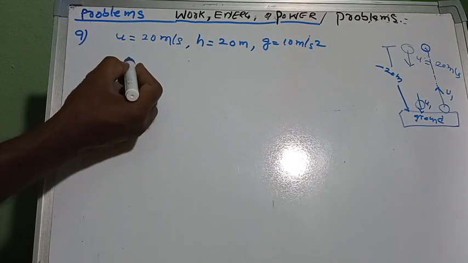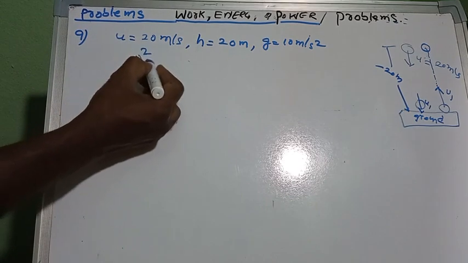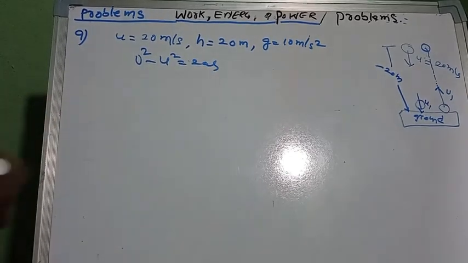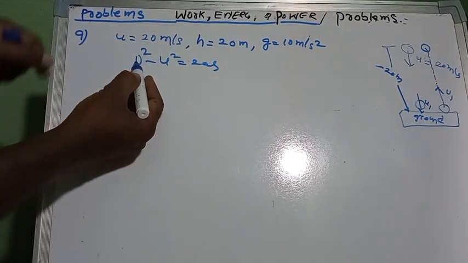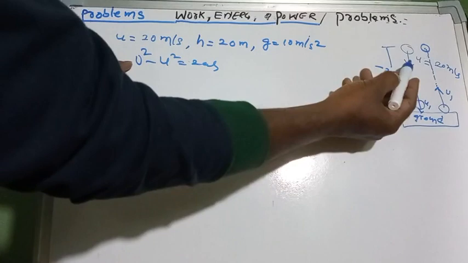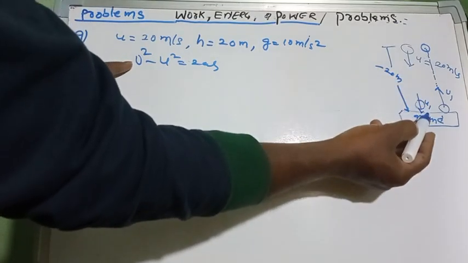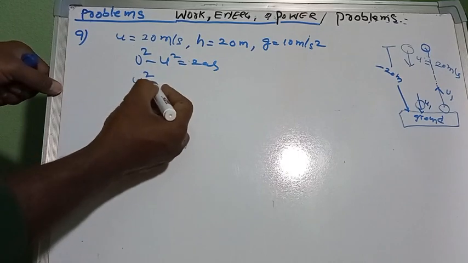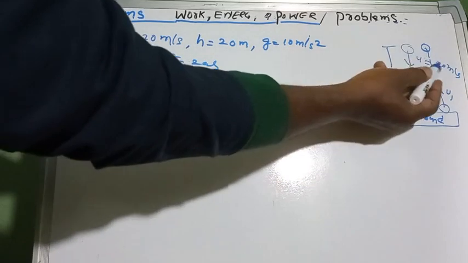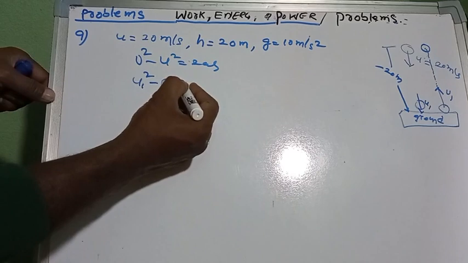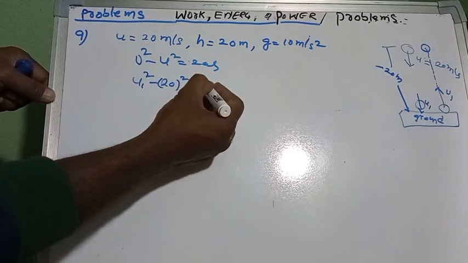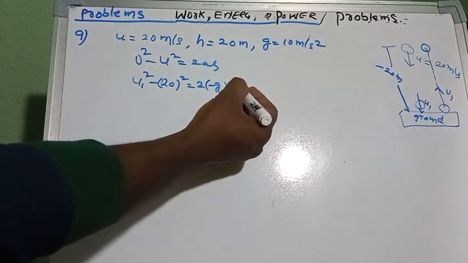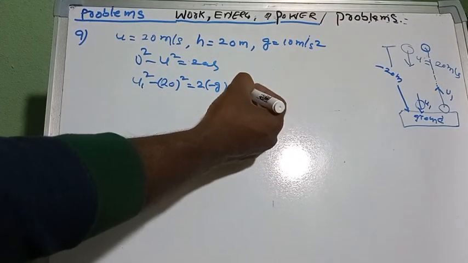For that we are using the kinematical equation, that is v square minus u square is equal to 2as. Here v square means final, when this ball is reaching the ground, that is u1 square, minus initial velocity 20 square, is equal to 2 into minus g. a is minus g and s is minus h.